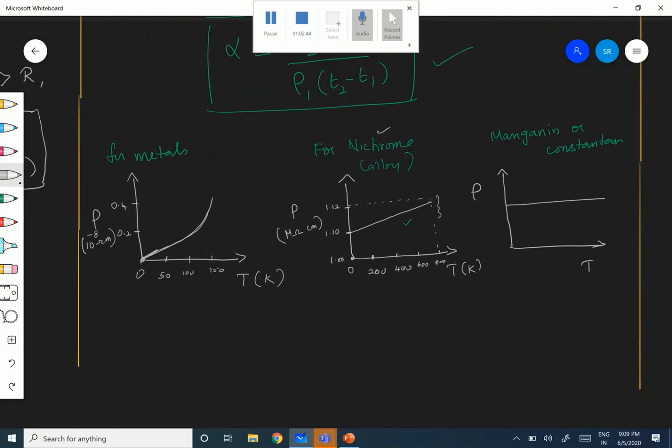Now the last one is for semiconductors or insulators. I think you know that for semiconductors and insulators, as you increase the temperature, there is an exponential decrease in the resistivity. Therefore, insulators and semiconductors.